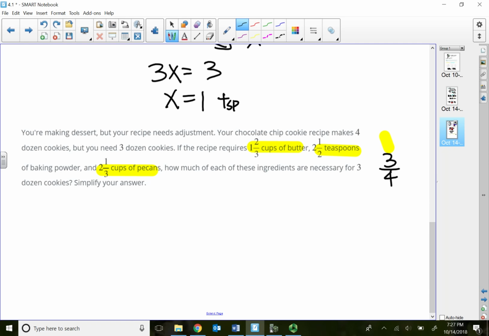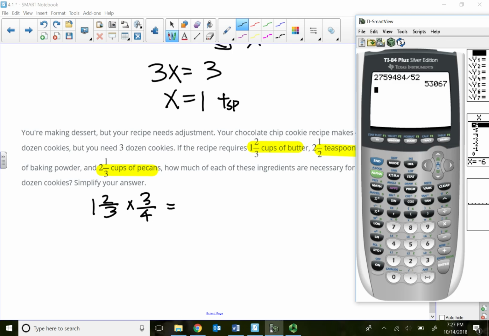Let me try one. Let's take 1 2/3 cups of butter times 3/4. Then I'm going to set up a proportion for you. As you can recall, to enter a mixed number in my graphing calculator, I say parenthesis 1 plus 2 divided by 3, close parenthesis, times 3/4, because I need to put my mixed number in parentheses for the calculator to see it as one term.